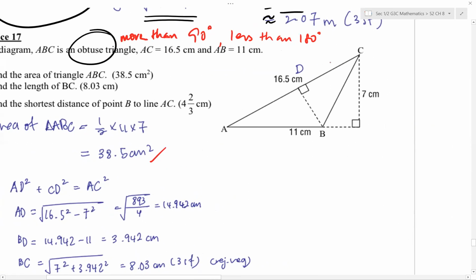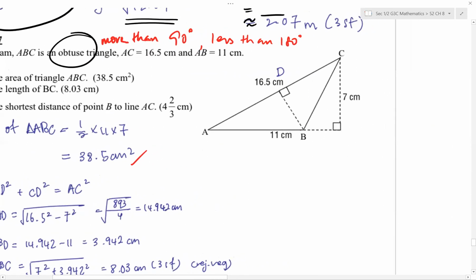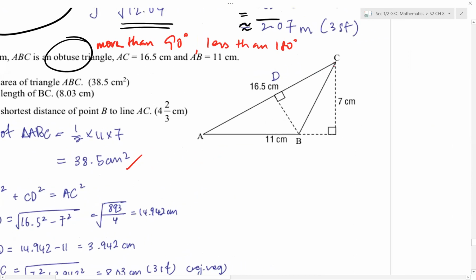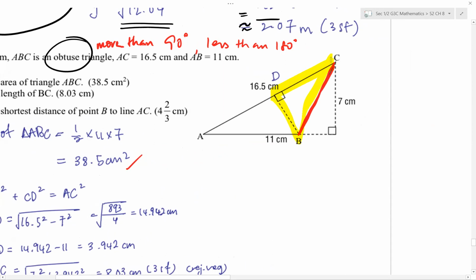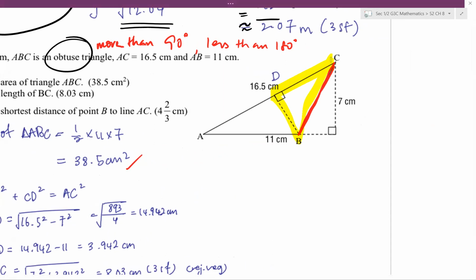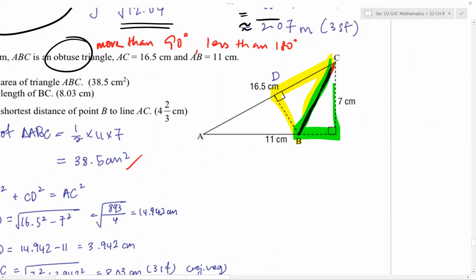Then I want the distance of BC. This line belongs to two right angle triangles. First, over here, and at the same time it belongs to this right angle triangle. If I can find two lengths of any of those triangles, I should be able to find the third side, because that's how the Pythagoras theorem works.